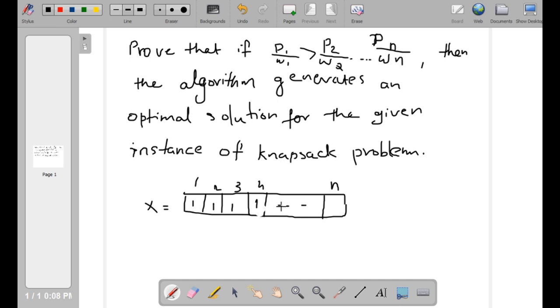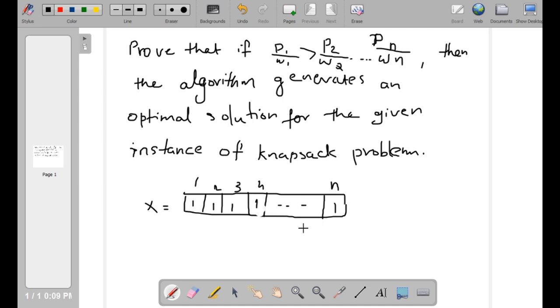All the cells are 1. That means we were able to pick one complete block of all the items. Remember, you are not permitted to pick more than one block, and if the remaining capacity of the knapsack won't permit you to take one complete block, you can break the item and take a fraction.